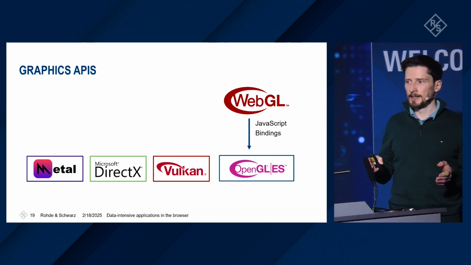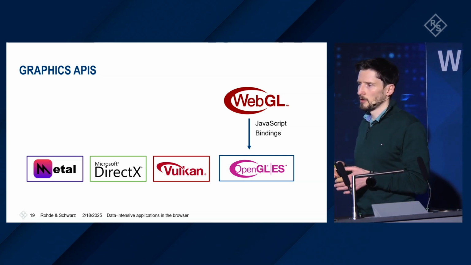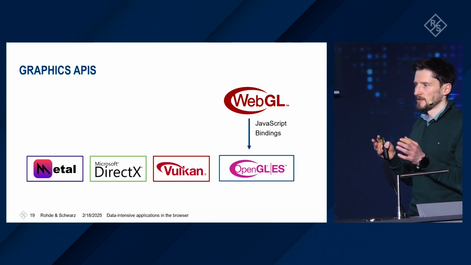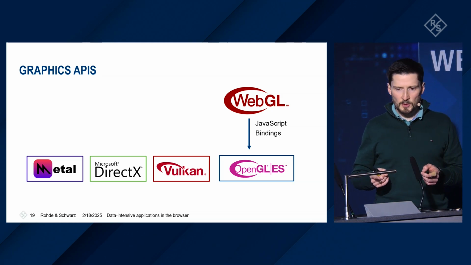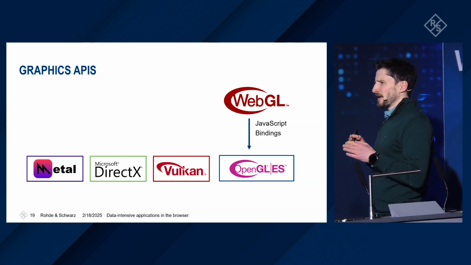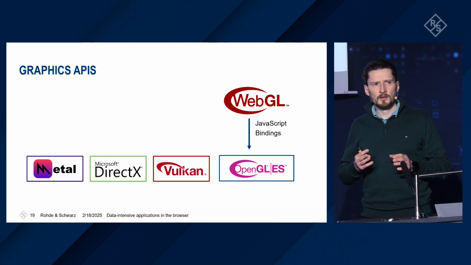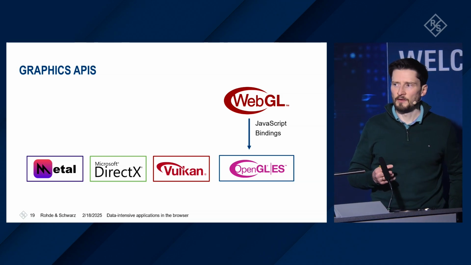So it's available on nearly every smartphone and a lot of devices. It's a subset of OpenGL. But the problem with OpenGL is that it's quite an old standard, and the API does not really reflect the capabilities of modern graphics cards.